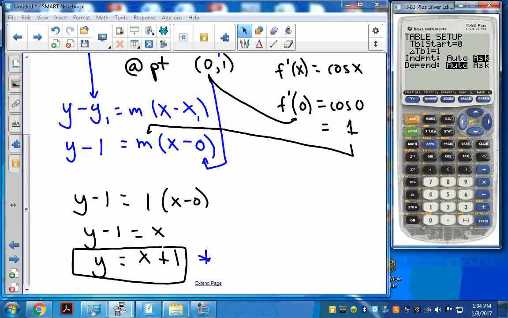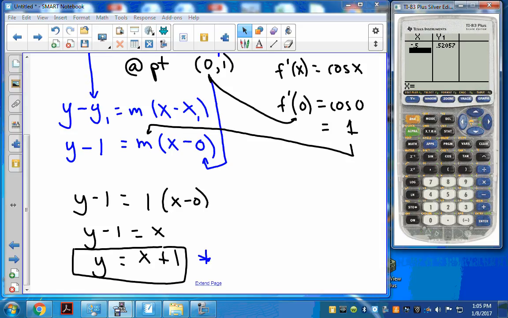So instead of graph, it's going to be second graph. That's the table. And for various x values, negative 0.5 was the first one in the text. You see the y1, that's the functional value, 0.52. Now in the text, they rounded that to 0.521.